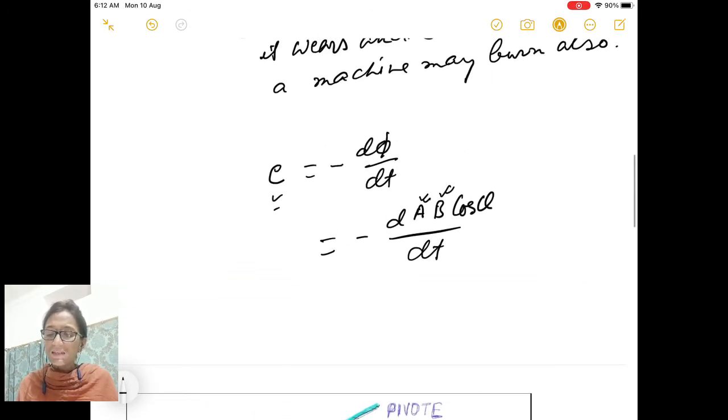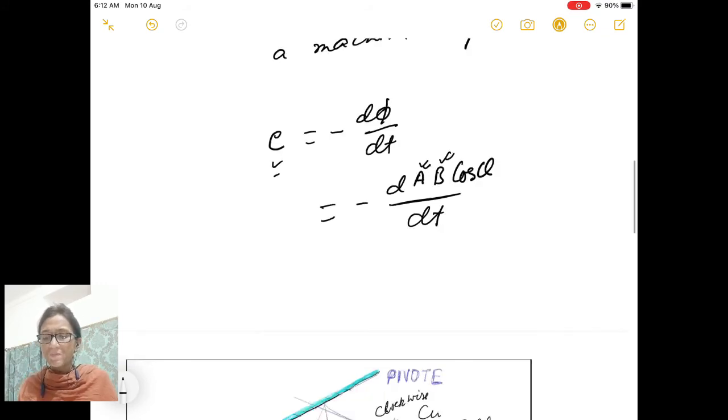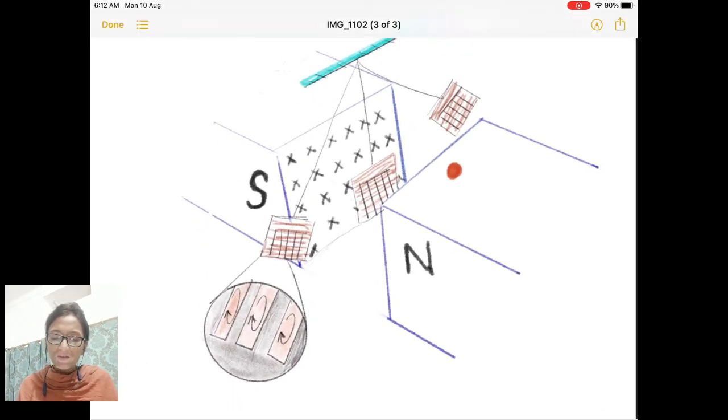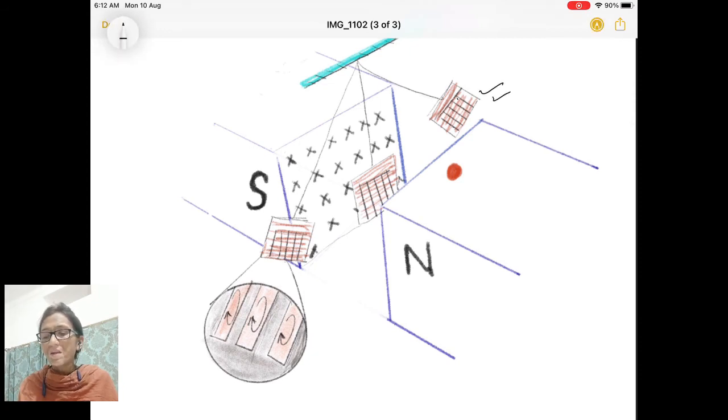You can decrease the plate area by making slots in the plates. Here you can see slots are made in the form of the slots on a comb. You have cut the rectangular piece into many slots, so area has been reduced.